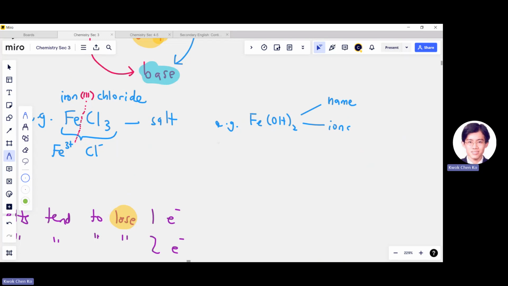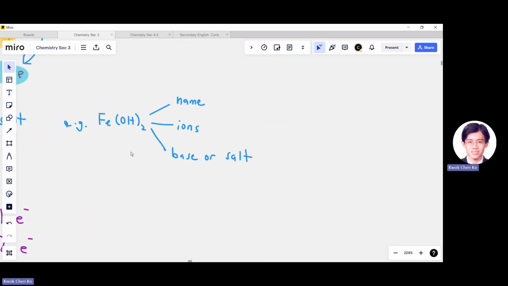I want you to decide whether this is a base or salt. Singing, what's the name?